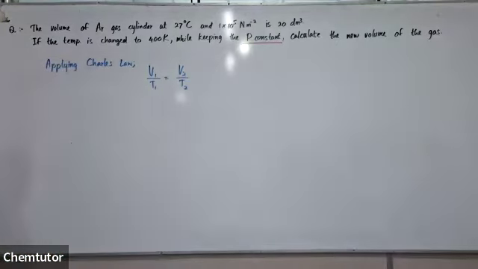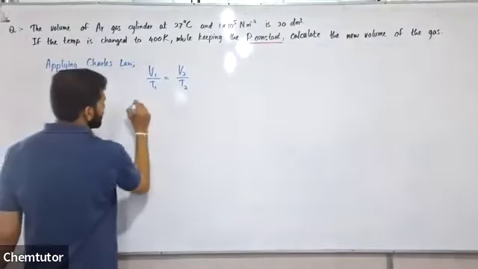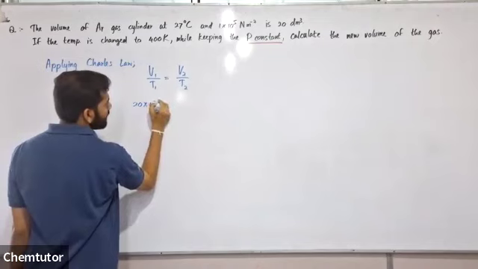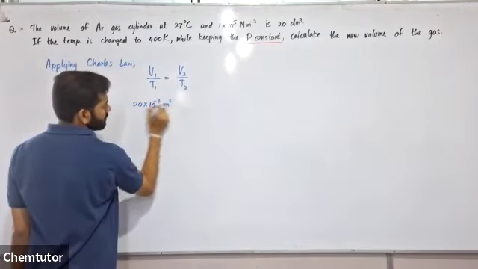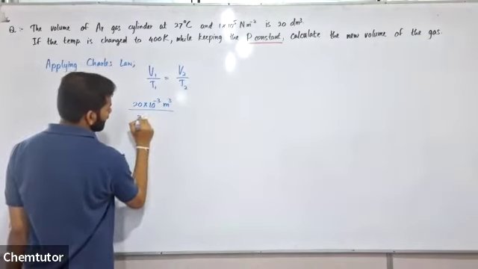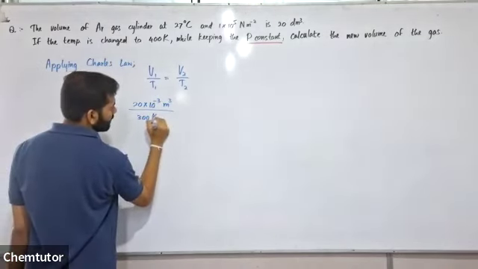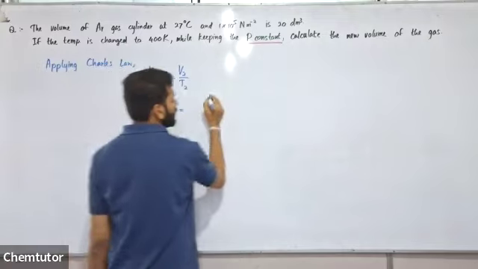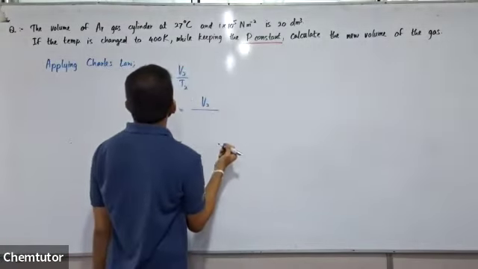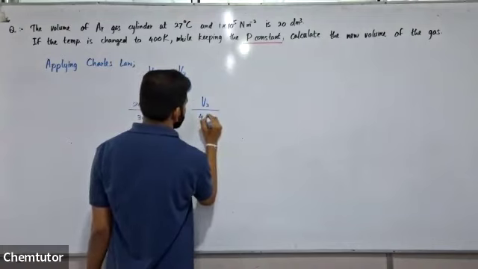So volume 1 equals 20 cubic decimeters, that is 20 into 10 to the power minus 3 cubic meters. Temperature there is 27 degrees Celsius, that means 300 Kelvin. New volume is the thing that we need to find out. Temperature is 400.